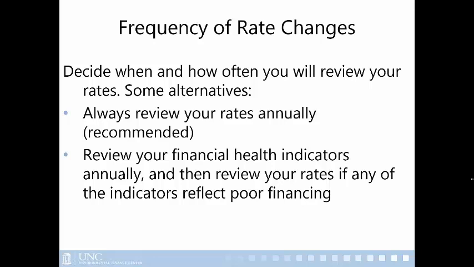We've talked a little bit about frequency of rate changes earlier. We definitely recommend looking at rates every single year. But for rate structures, we also think that you need to look at that every 2 to 3 years, and then also review your financial health indicators every year to make sure that your enterprise fund is financially sustainable in the long term.